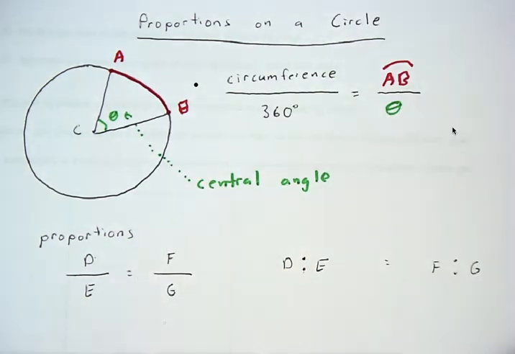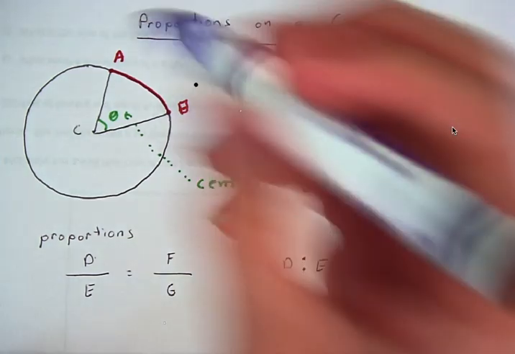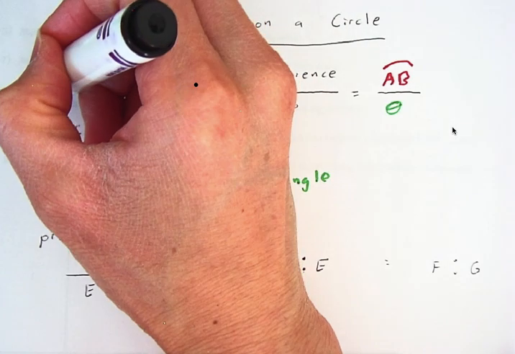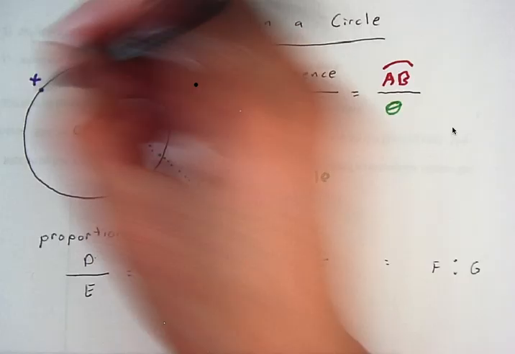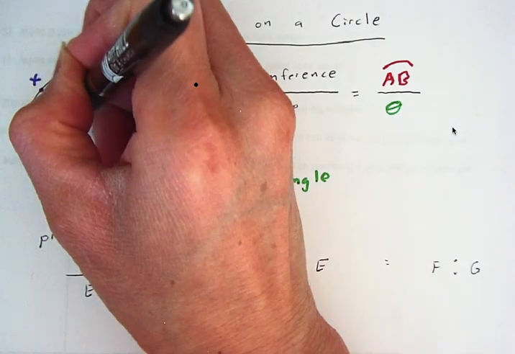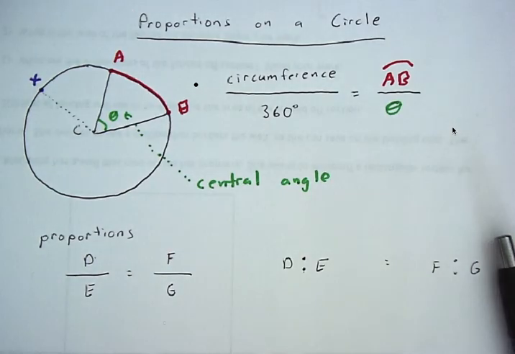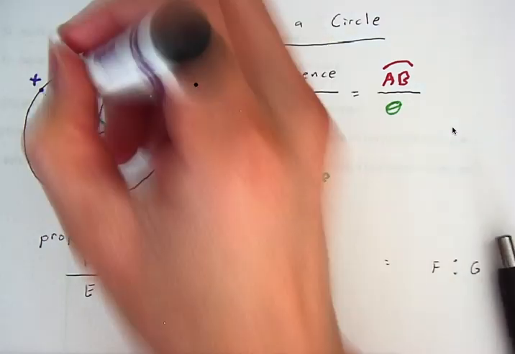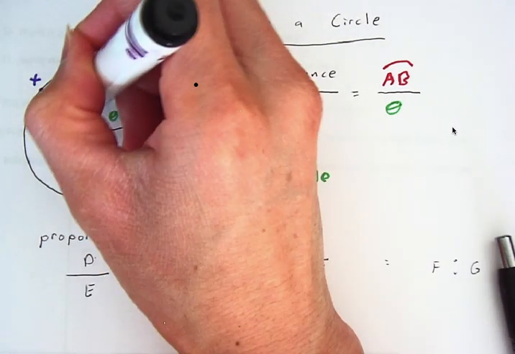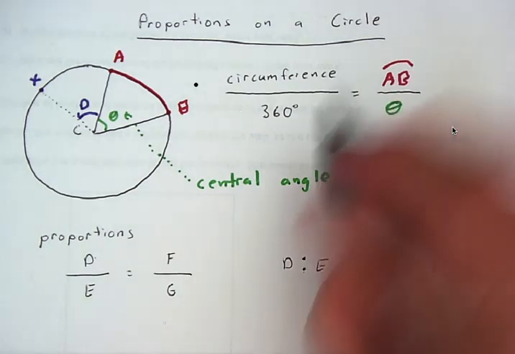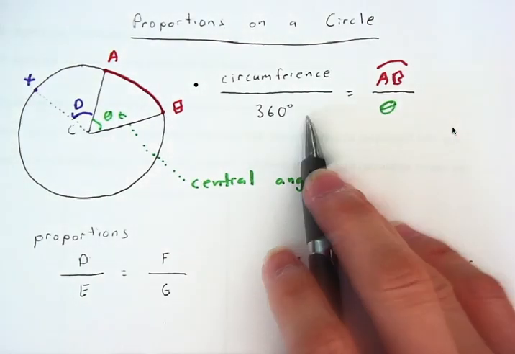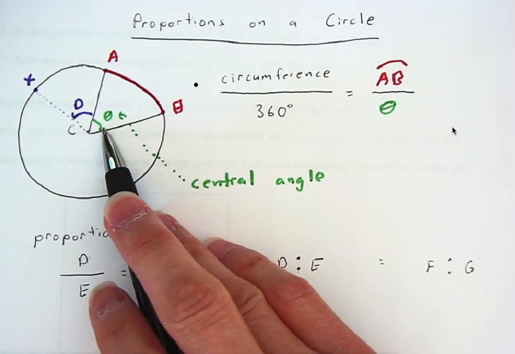So for example, if I decide to draw another little point over here, let's say this over here is point X, and we'll call this angle D. So therefore, circumference divided by 360 is equal to arc length AB divided by that central angle.